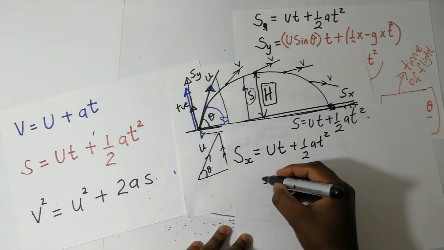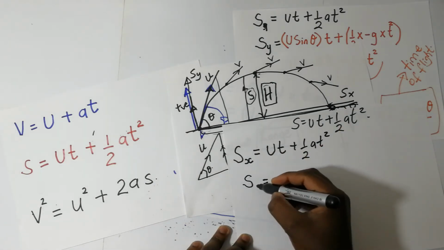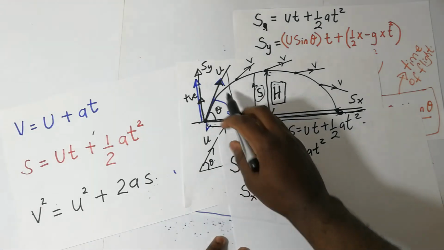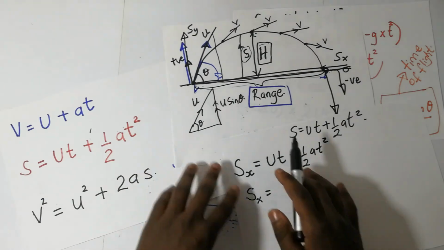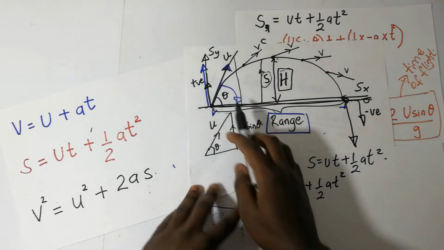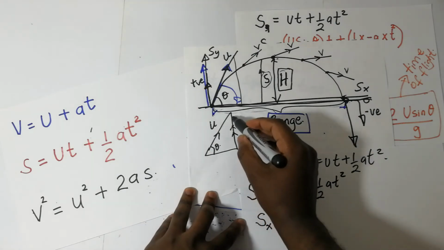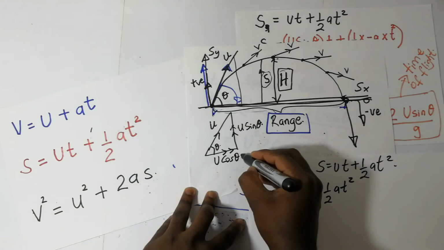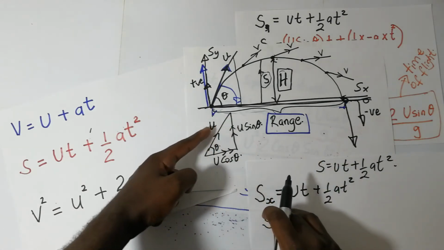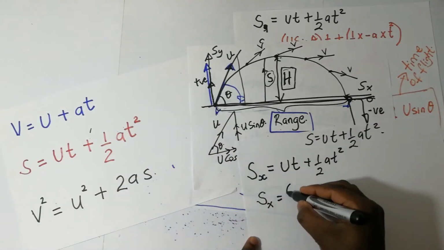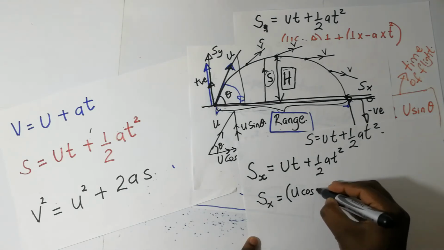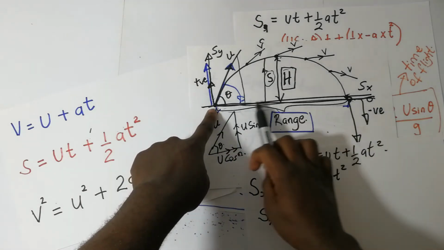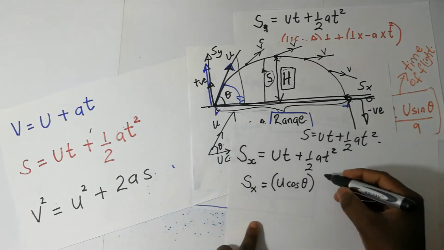Let's go on with the substitutions. Displacement in the x direction, sx, is going to be given by u. Here we are supposed to resolve this u in the x direction. If this is u sine theta, then in this direction it is u cos theta. We resolve the initial velocity in the x direction, so this becomes u times the cosine of theta, multiplied by the time taken to cover this range, that is times t.